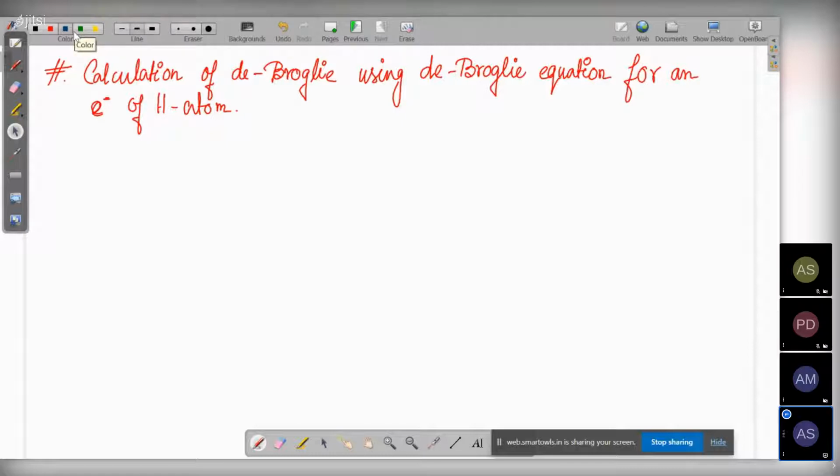Let's see. So what is the formula? They have asked us to calculate the de Broglie wavelength.